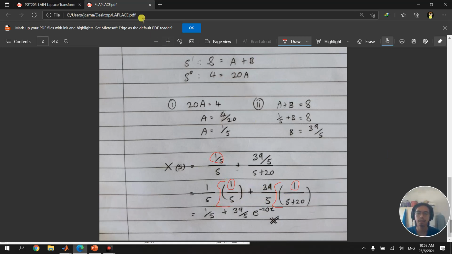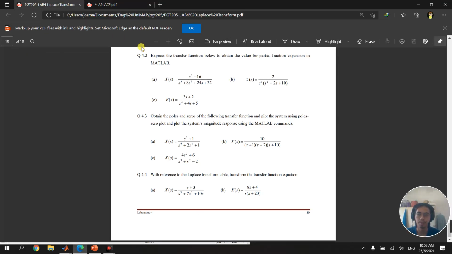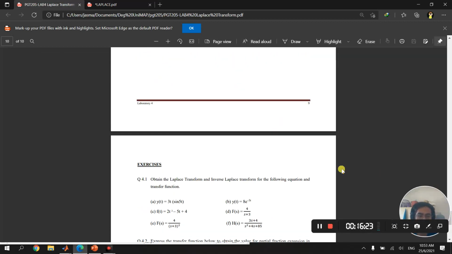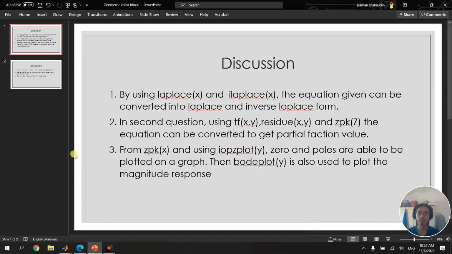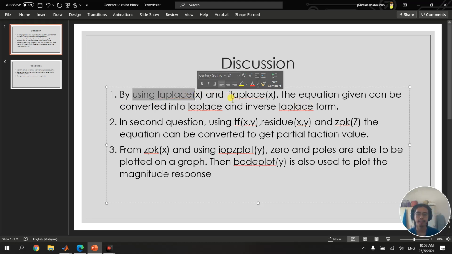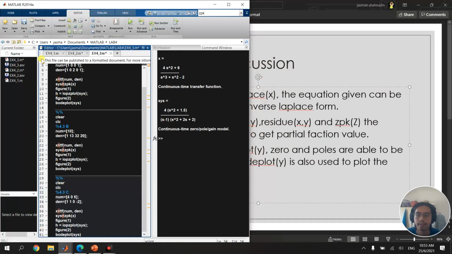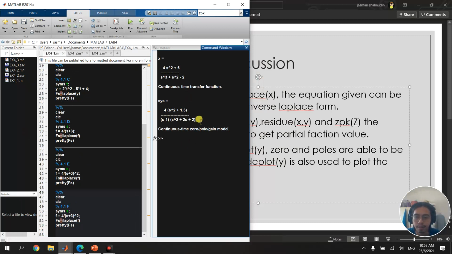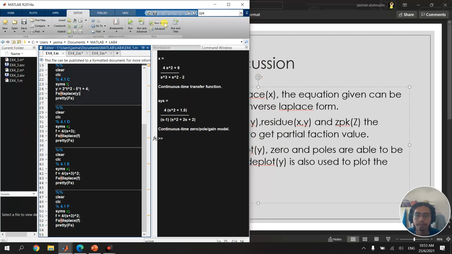Okay, that is for question number 4, and we are done with all the lab questions here. Now let's go to the discussion. By using MATLAB, we can get the Laplace equation by using the commands laplace(x) and ilaplace(x), where x is any expression, and it can convert it for us without difficulty, just like this.